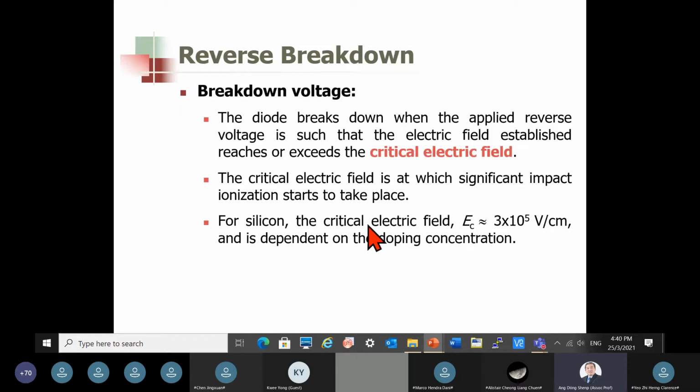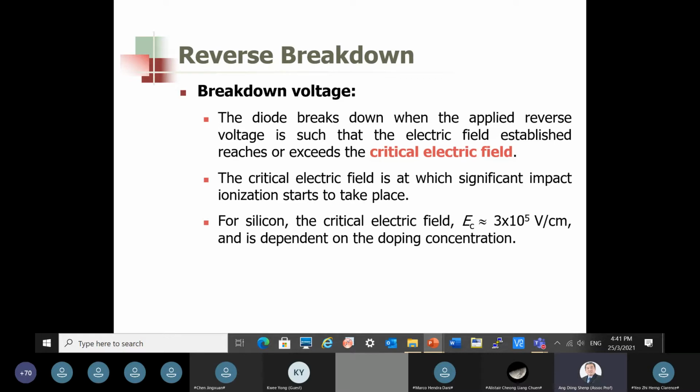How do we understand the variation of the critical electric field with doping? Remember, doping introduces impurity centers into the semiconductor, and due to impurity scattering, the mobility of the electrons and the holes decreases when the doping concentration is increased. With a reduction in electron-hole mobility, it is less likely for an electron or hole to gain significant kinetic energy within a given electric field because it tends to suffer more scattering events.